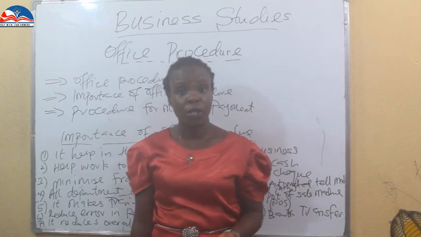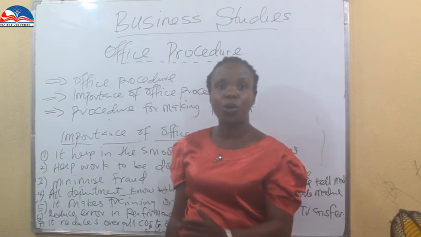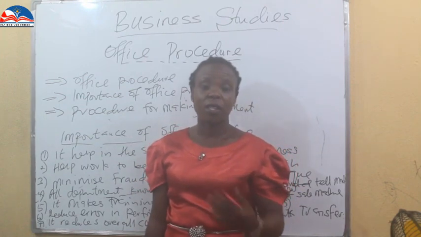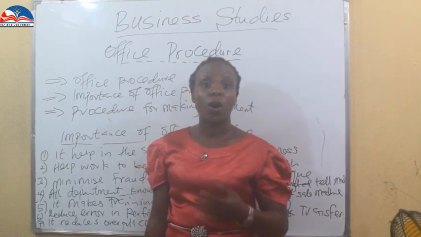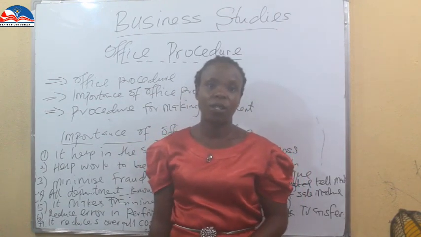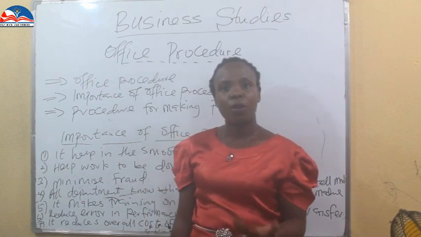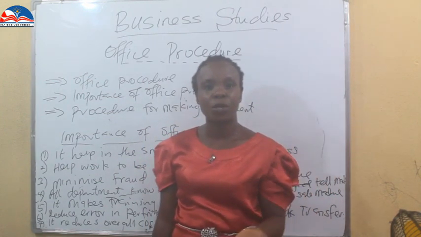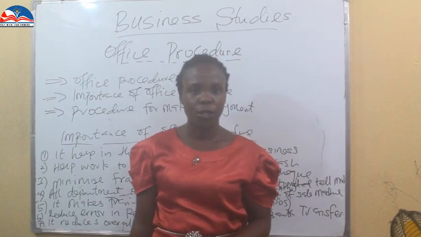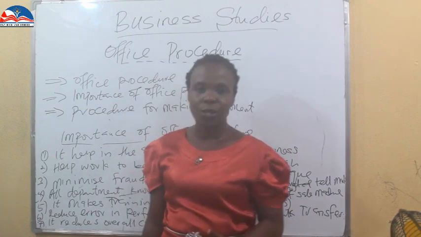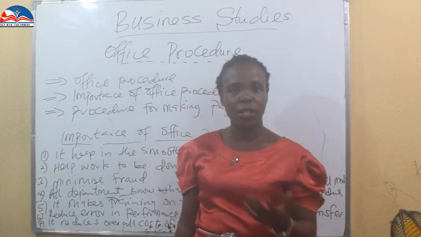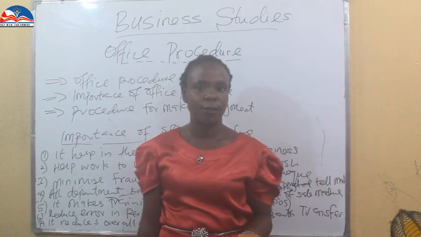So procedure in office has to do with laid down rules on how matters are to be carried out in an organization. It can be orderly ways of doing things in an organization. Remember, office practice has to do with the daily routine of doing things that occur in the office. So office procedure has to do with the orderly way an organization has laid down rules to carry out the day-to-day running of the organization.